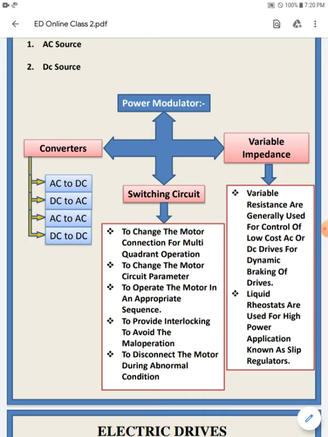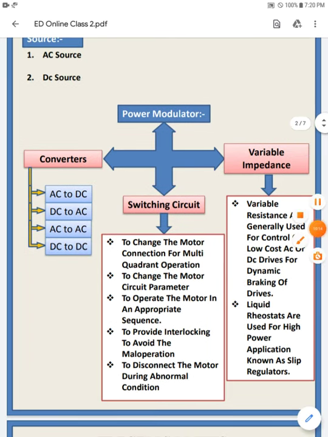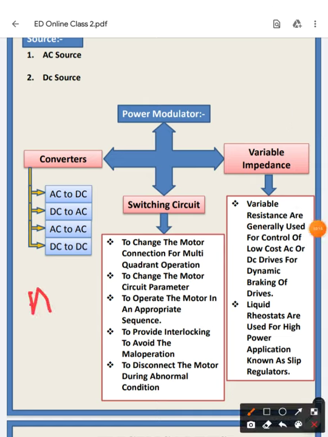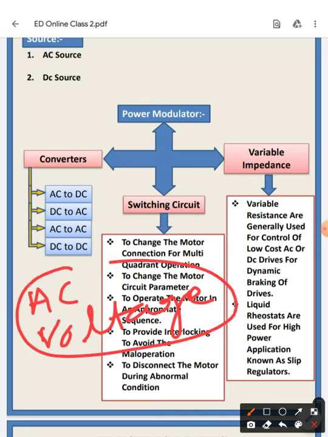Similarly, if the motor connected to the electrical drive system operates on AC voltage, and the input source is DC, you need to convert that DC voltage into AC voltage.